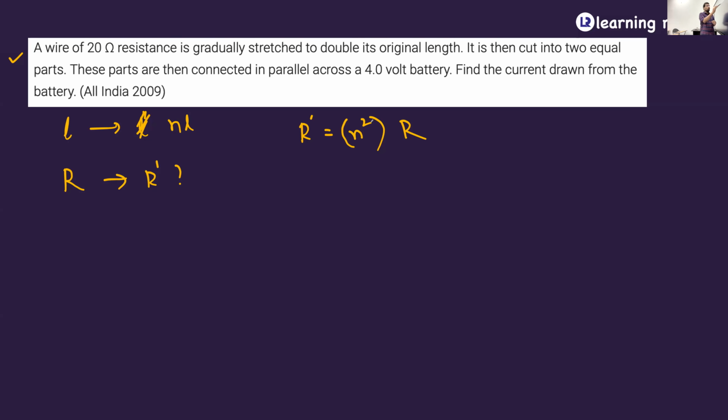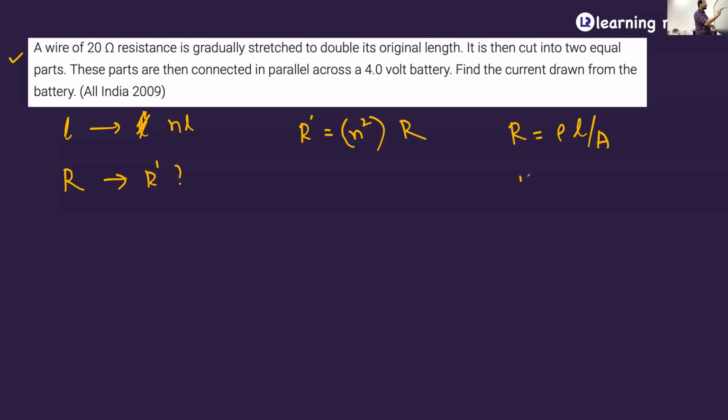R is equal to rho into L divided by A, no. Remember, when you talk about a wire, the wire's volume is conserved. In the sense, when length increases, its area should decrease.